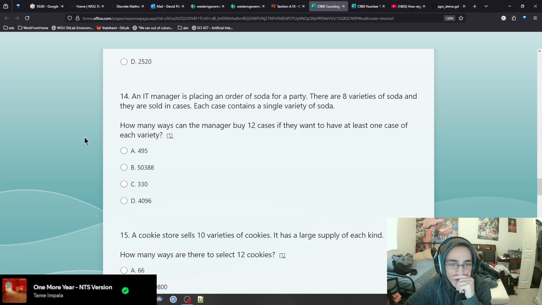Okay, so what I think this is, we can say there's 8 bins, right? And we have 4 left, right?